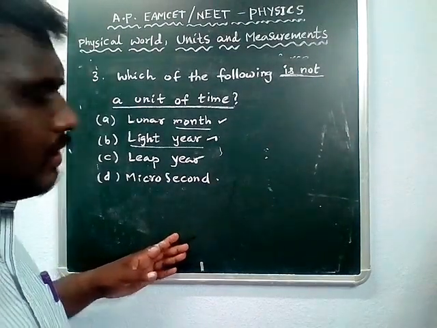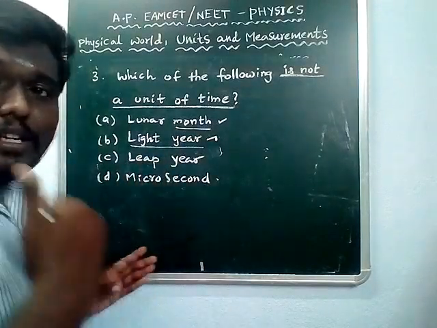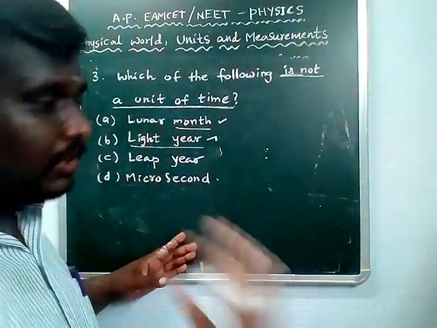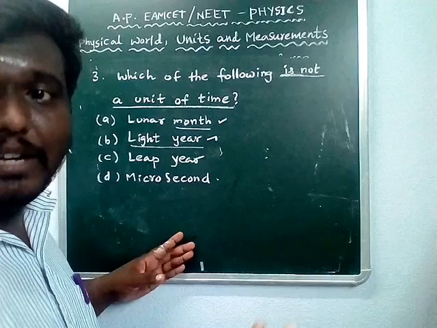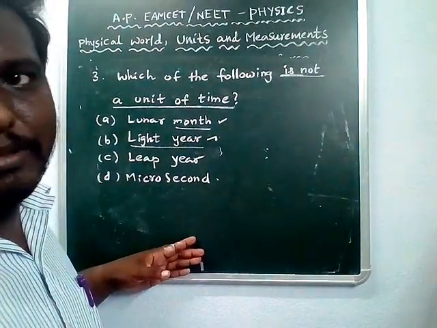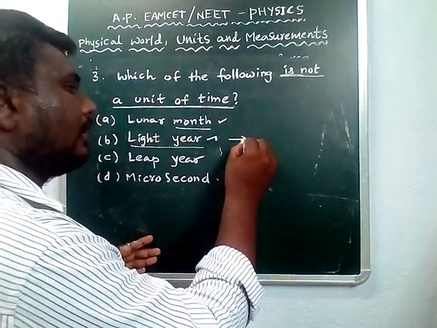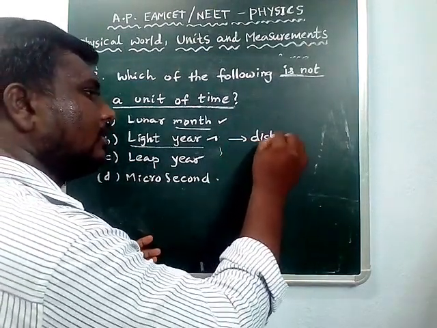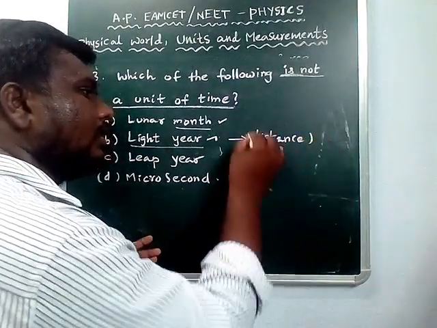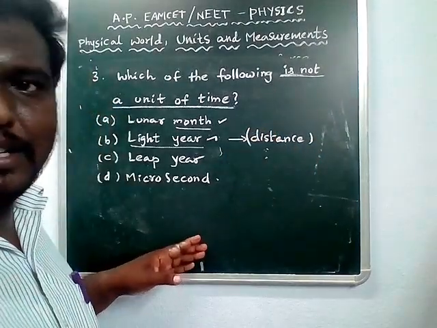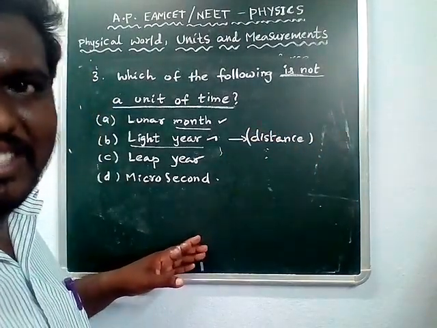Unit of distance. It is clearly the distance traveled. The definition is the distance traveled in 1 year in a vacuum. So the light year represents the unit of distance. It does not represent a time.